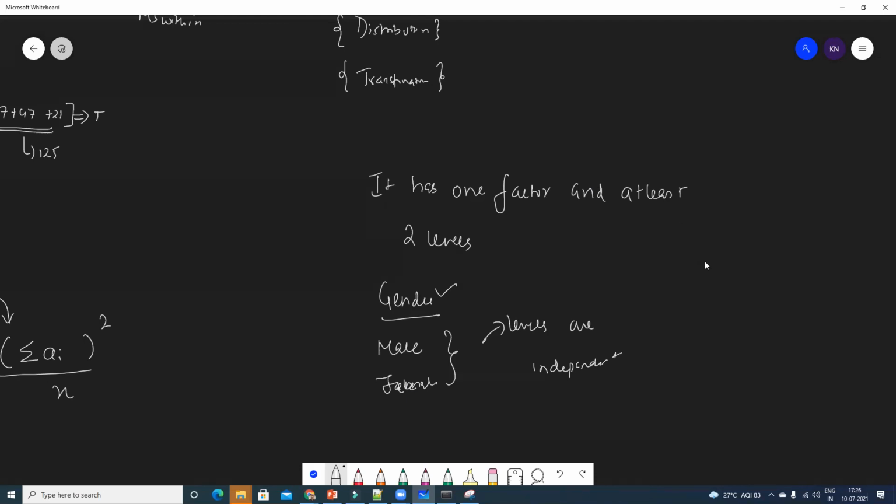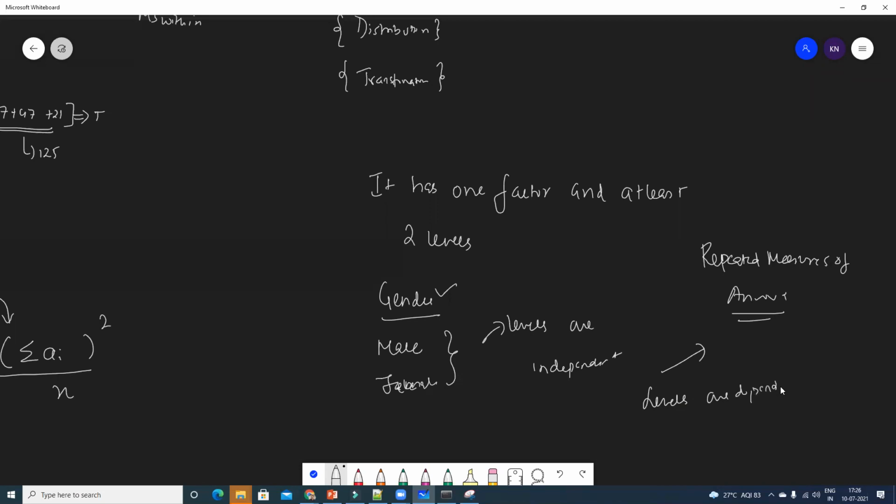Now, there is nothing like two-way ANOVA as such, there is repeated measures ANOVA. Here it is the same condition, but the levels are dependent.